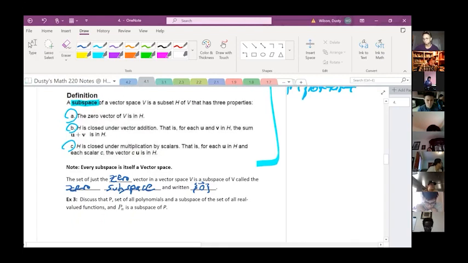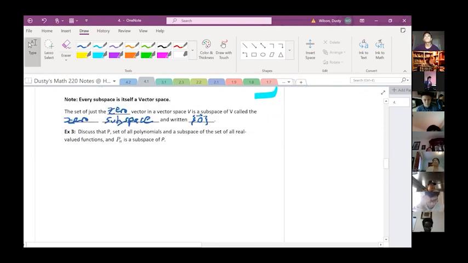All right, so then let's look at something a little bit more complicated in example 3. We're going to let P be the set of all polynomials, a subspace of the set of all real valued functions. Is Pn a subspace of P? We were talking about the double strike notation. Here in my notes, I'm just using the capital P instead of the double strike.